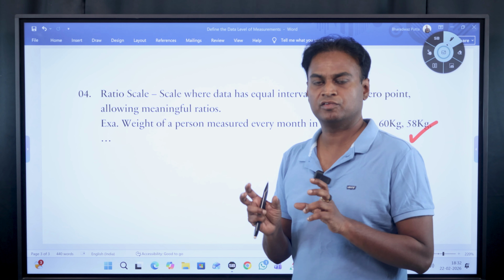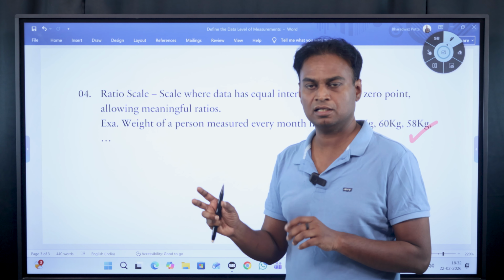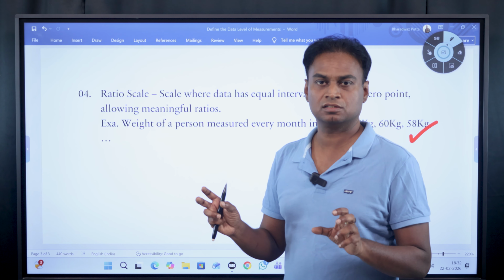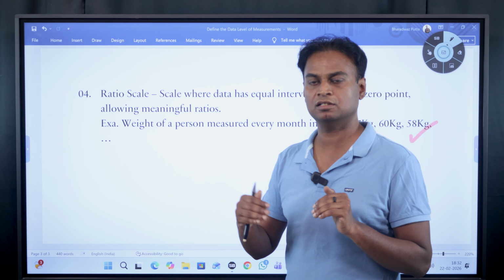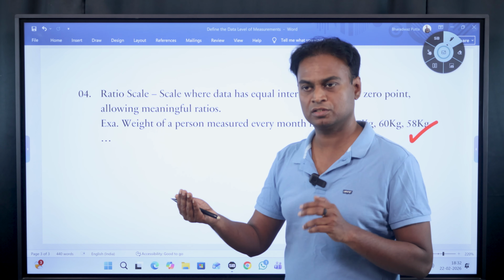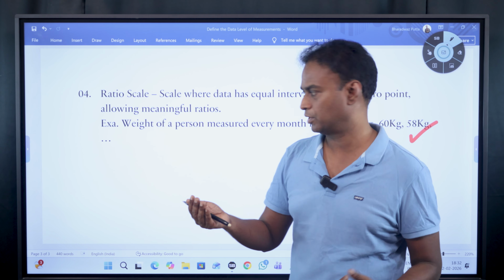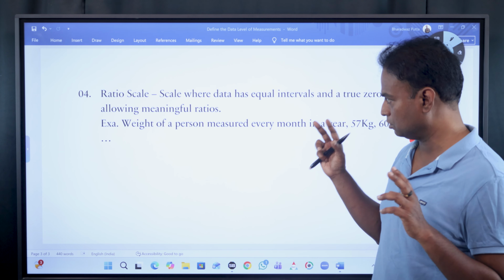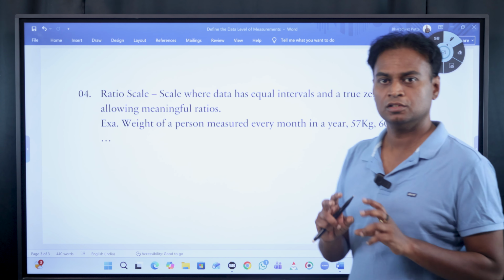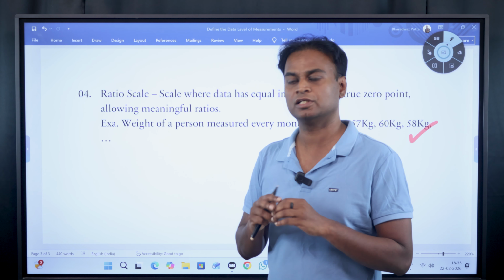You can say if the person is 80 kgs in Jan and 40 kgs in December, this person's weight in December is half that of the same person in Jan. Such meaningful ratios can be applied here because there is true zero. If I say the weight is 0, there is nothing.